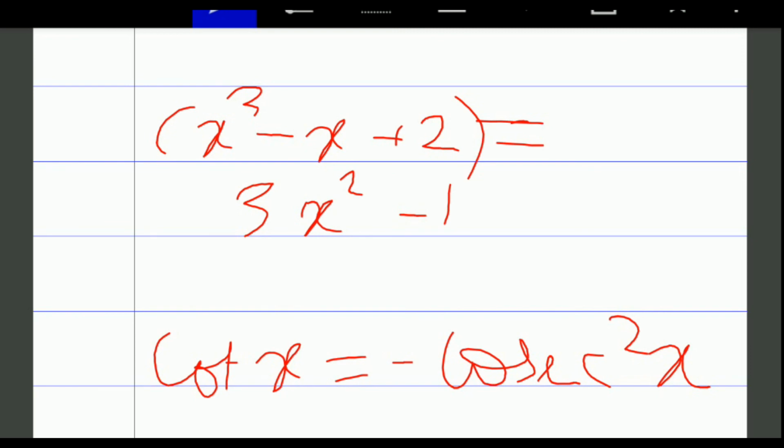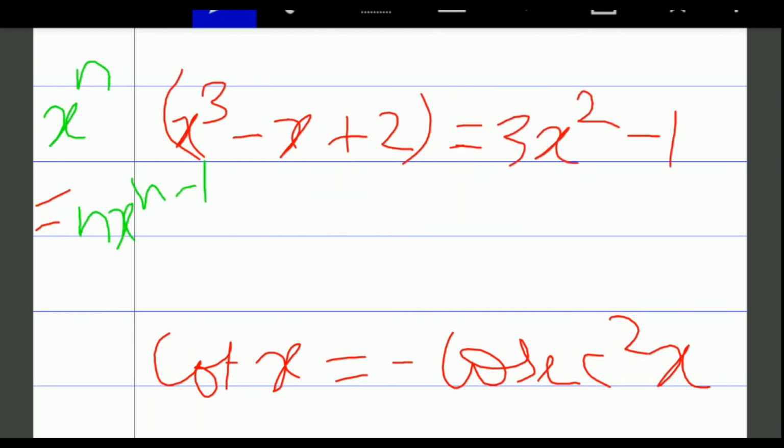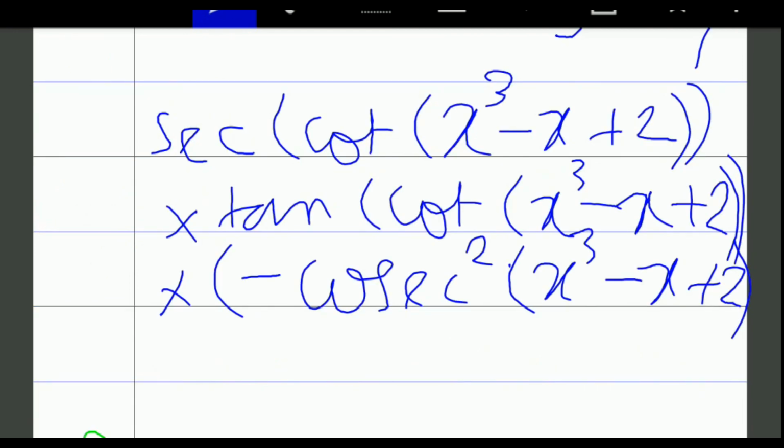Here one formula is used, that is the derivative of x to the n is n into x to the n minus 1. By this formula we get 3x square minus 1. This gets multiplied with the answer.